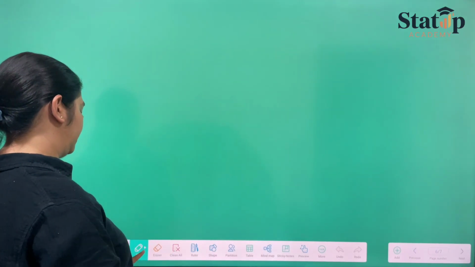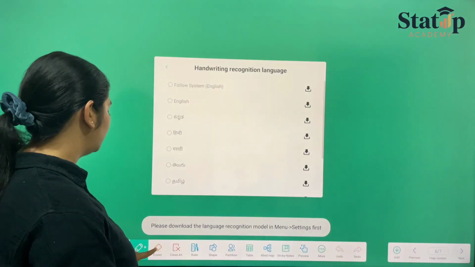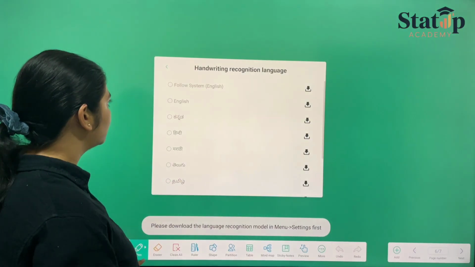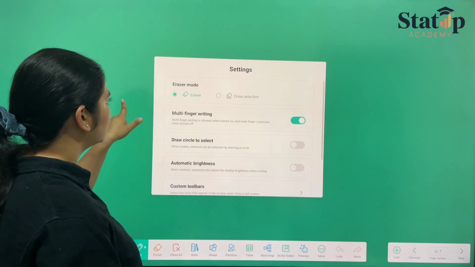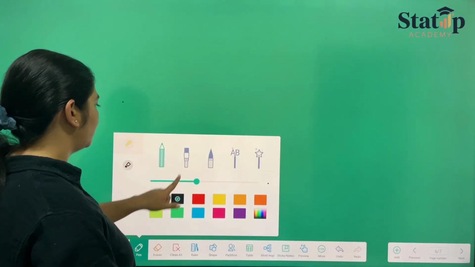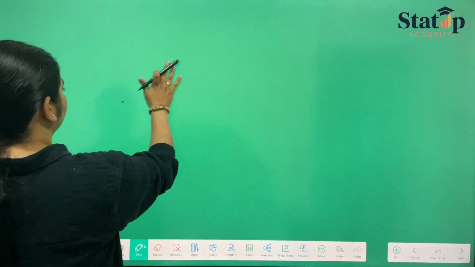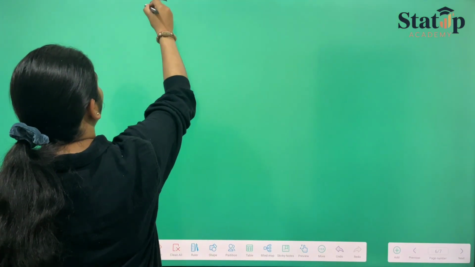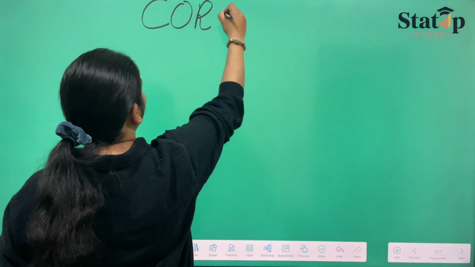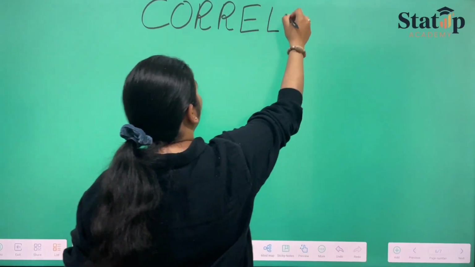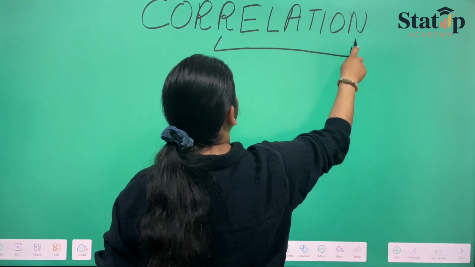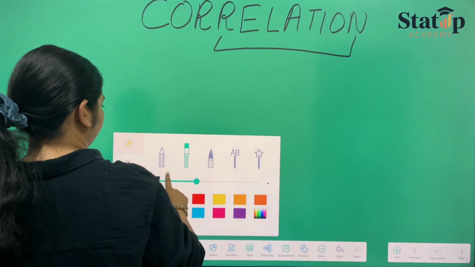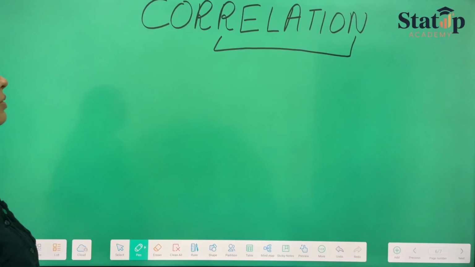Moving back to the topic, today we will be starting with correlation. When we say correlation, by the word correlation we can denote what is the relation.